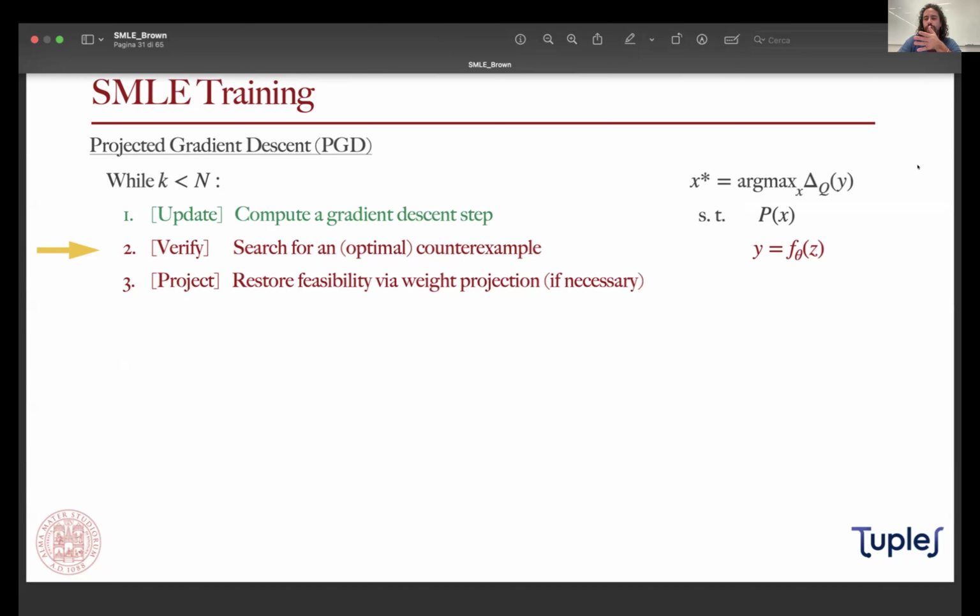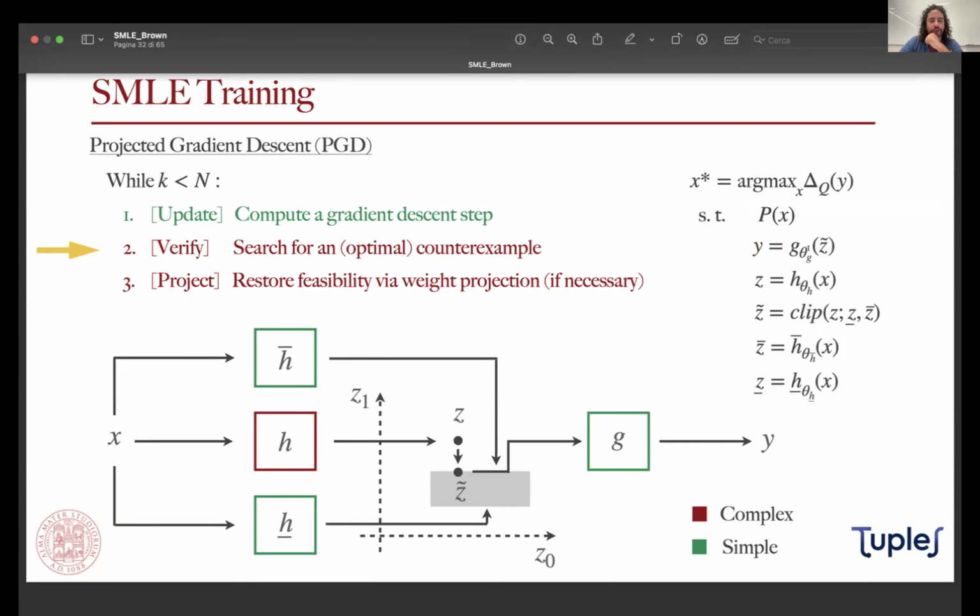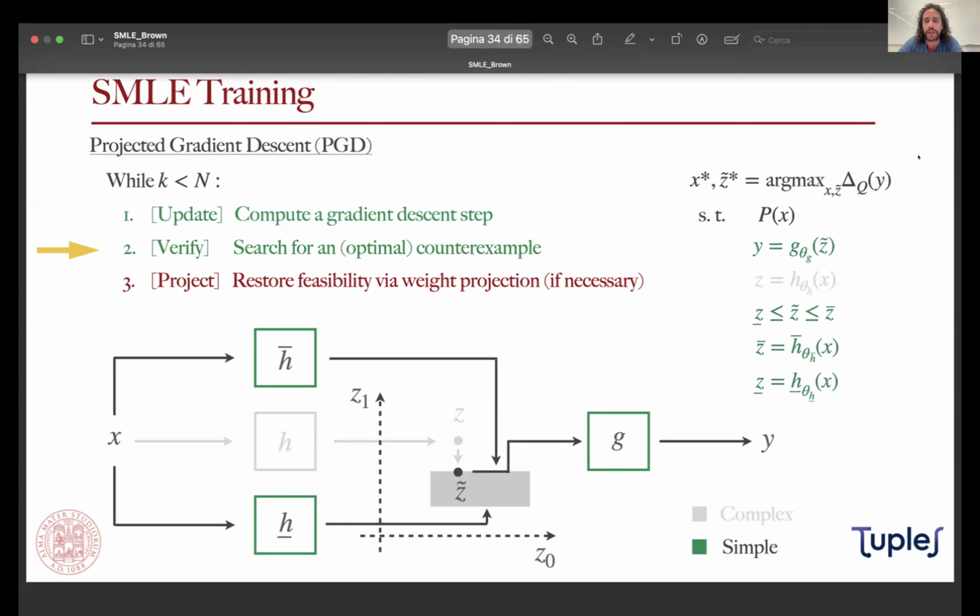If we substitute the F model with an SMLE version of this model, we can forget completely about the complex component H, and we can run this optimization problem over the auxiliary over-approximation. So it happens that now in this problem, all the constraints are easy to handle. G is easy to handle because it's simple by definition. H lower and upper are easy to handle because they are simple by construction.